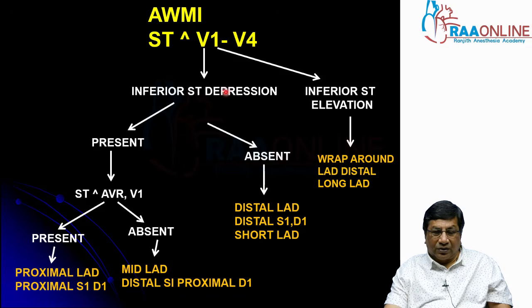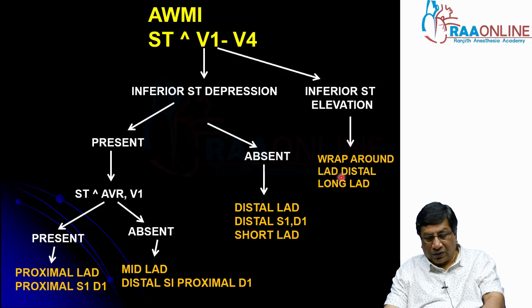Whereas in contrast to this ST segment depression, in the presence of anterior ST elevation, if I have inferior ST elevation, it means a wraparound left anterior descending artery lesion, and it is a very long LAD. Once again, although it is a distal lesion, this will have a slightly worse prognosis because the lesion is happening in a distal LAD which is also supplying a huge area of myocardium.